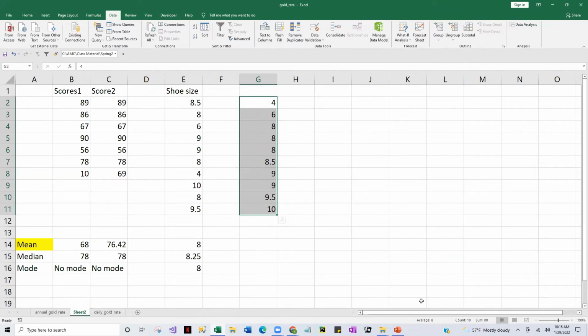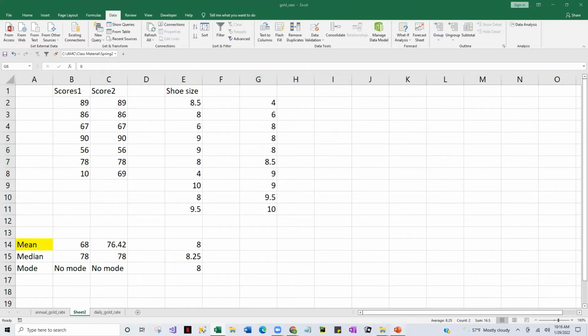If you look at that, we have how many? We have 10 numbers, right? Since it is 10, this 8 and 8.5 is the midpoint. So we are going to take the average of it: 8 plus 8.5 divided by 2.